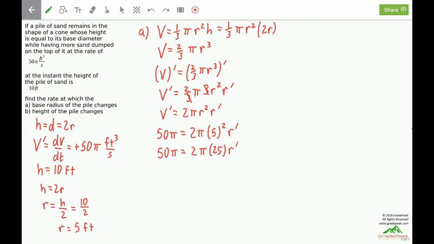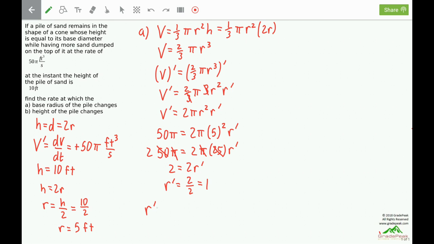We can reduce these numbers by dividing both sides by pi. The pi's will cancel. And dividing both sides by 25, the 25 on the right will cancel with the 50 on the left, leaving a 2. And we can even divide both sides by 2. I will do that in the next step. So r prime is 2 divided by 2, which comes out to 1.